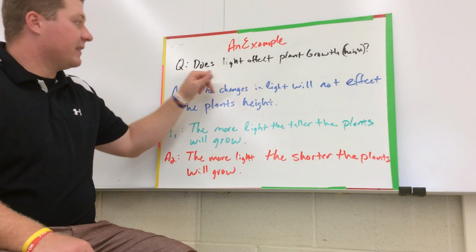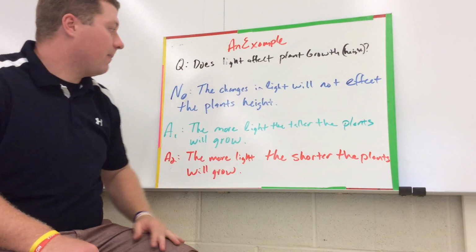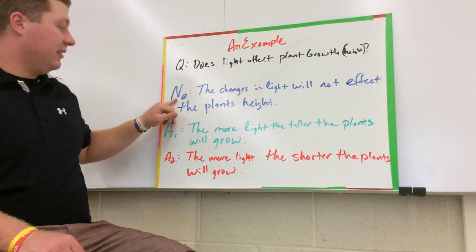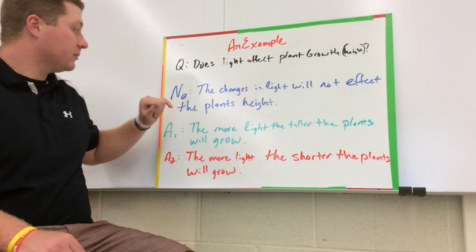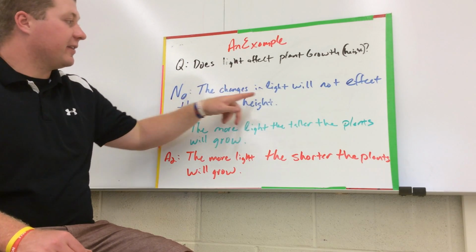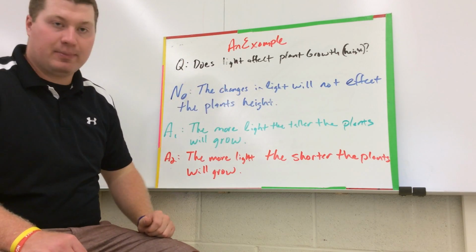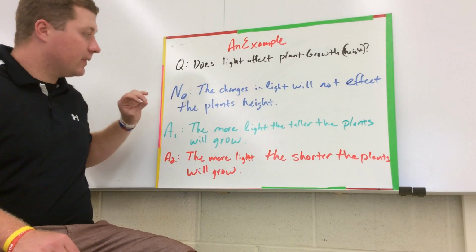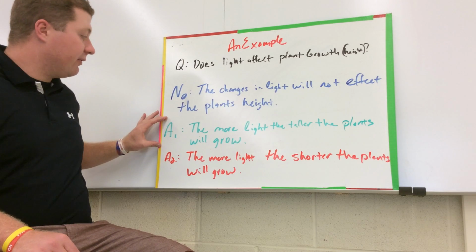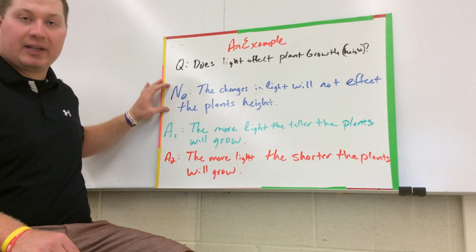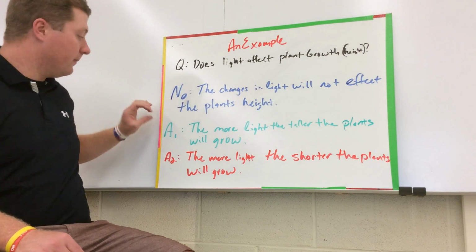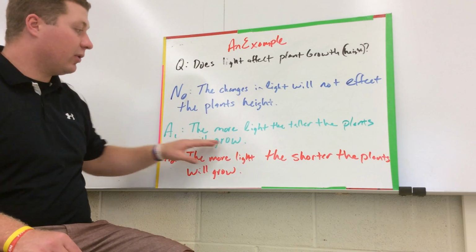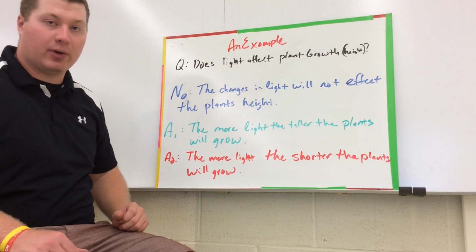So as our example, does light affect plant growth in terms of height? The H sub-0, the null hypothesis: changes in light will not affect the plant's height. The alternative one, this is directly related to our controlled group, by the way, is the more light, the taller the plants will grow.